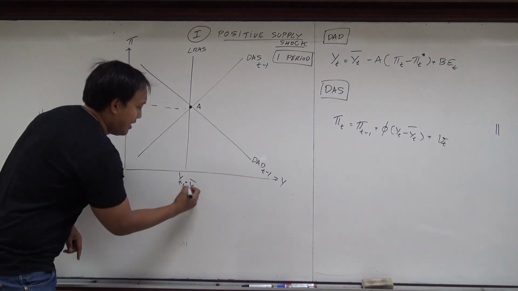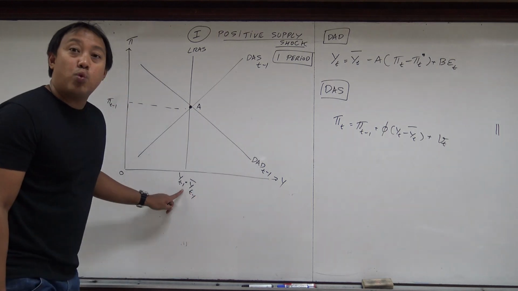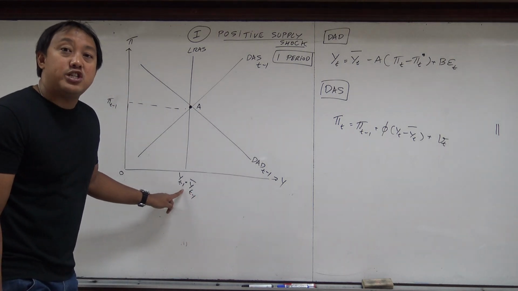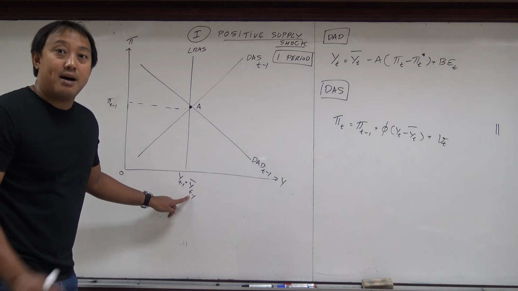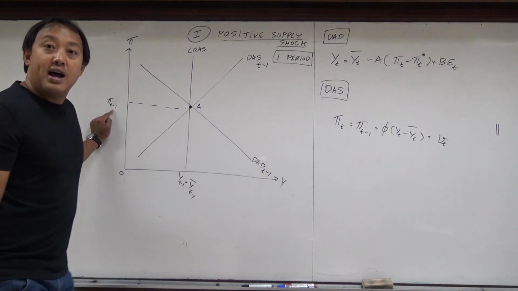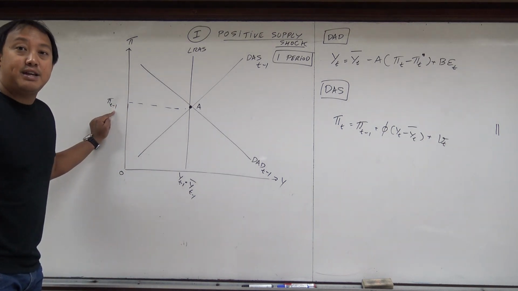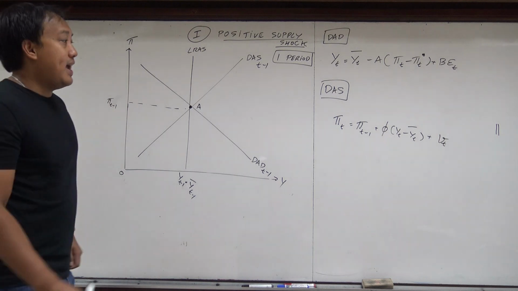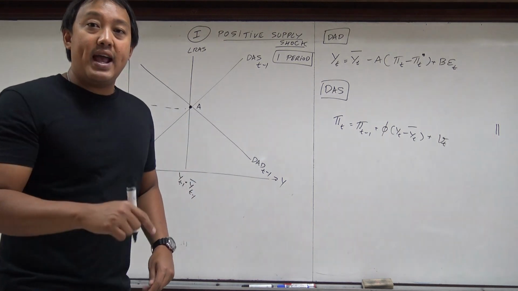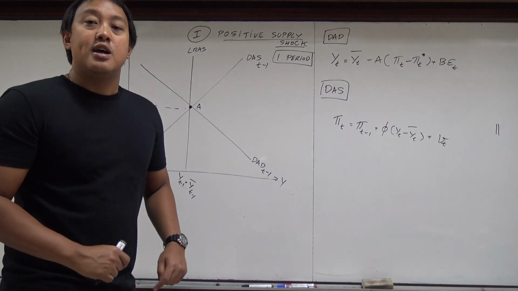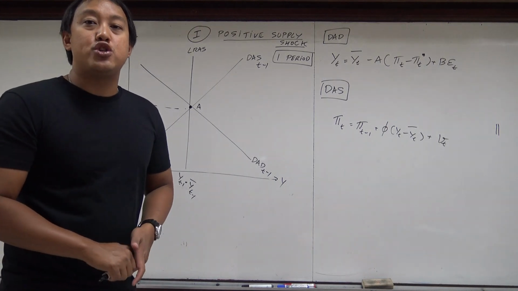So GDP yesterday, Y T minus 1, is equal to Y bar. Perfect. And inflation yesterday is here, pi T minus 1. Okay, good. And then today, time T, we have supply shock.